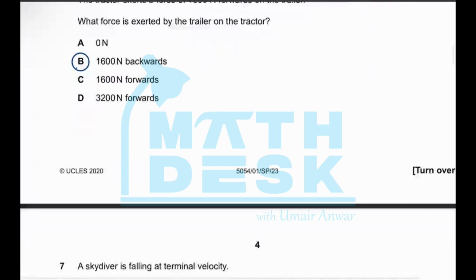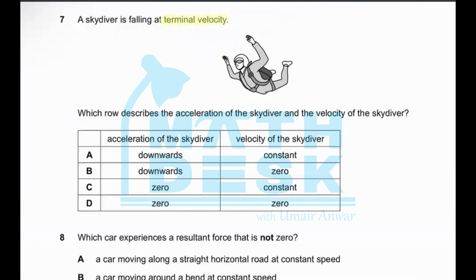So terminal velocity is the highest velocity obtained by a falling object. And when the terminal velocity is obtained, the acceleration due to gravity becomes 0. Which row describes the acceleration of the skydiver and the velocity of the skydiver?